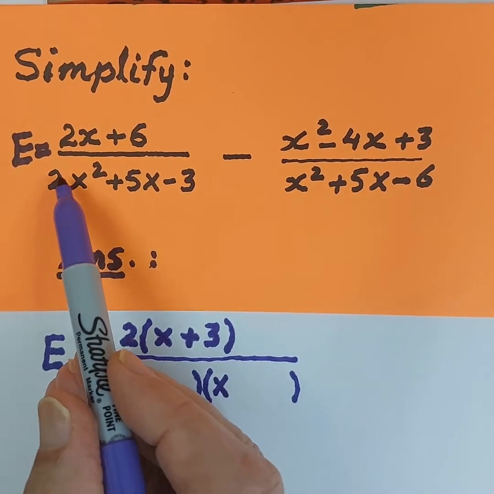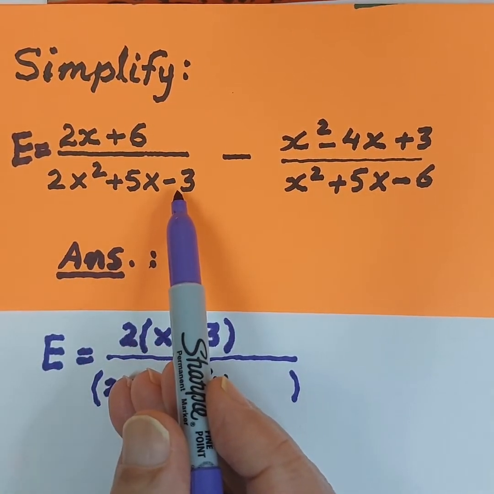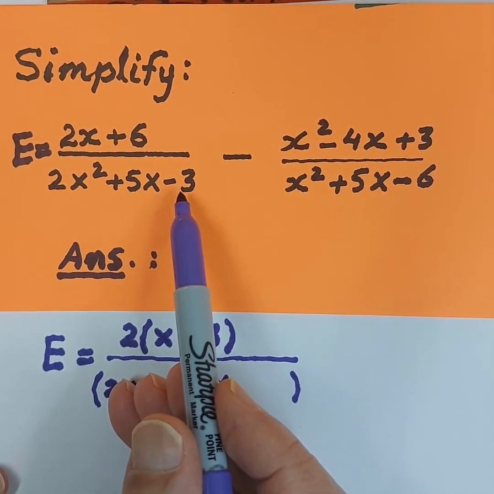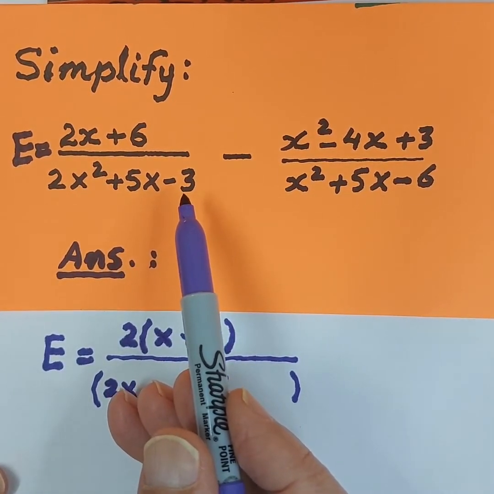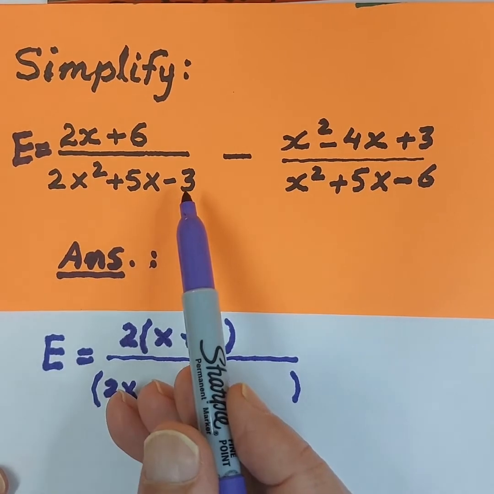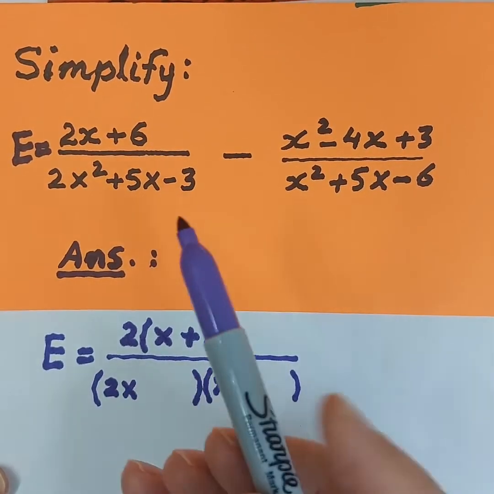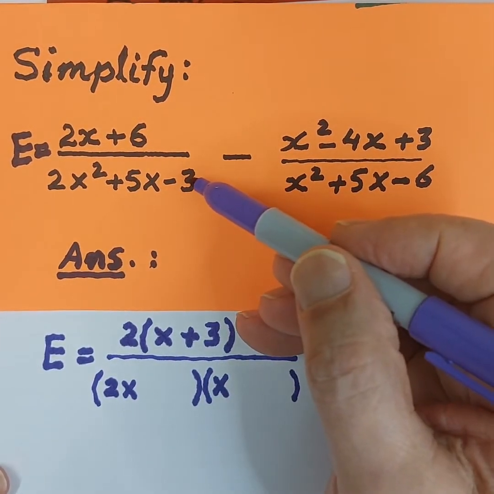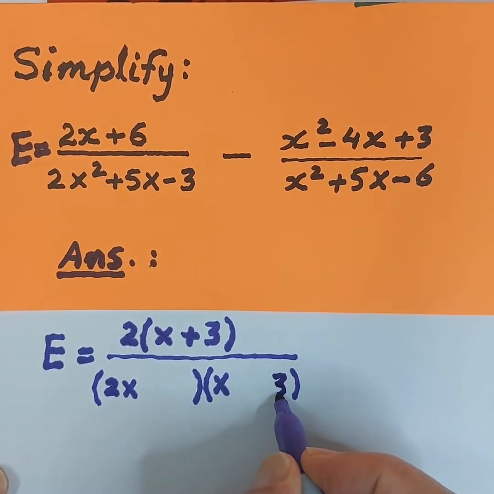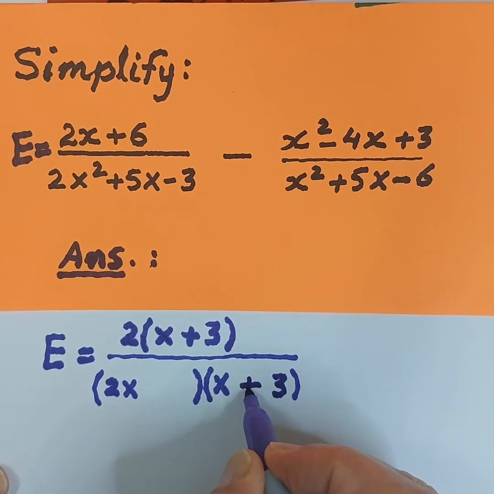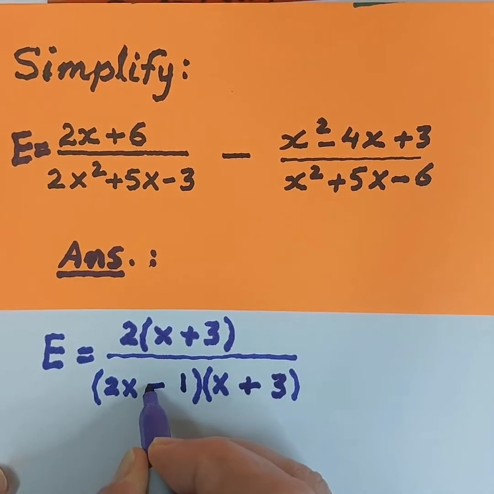Then we go directly to negative 3. Negative 3 is like 1 times 3, and one should be negative and the other positive. Which one will be positive? The bigger one will be positive. That means we can write here 3 with a plus and 1 with a minus.